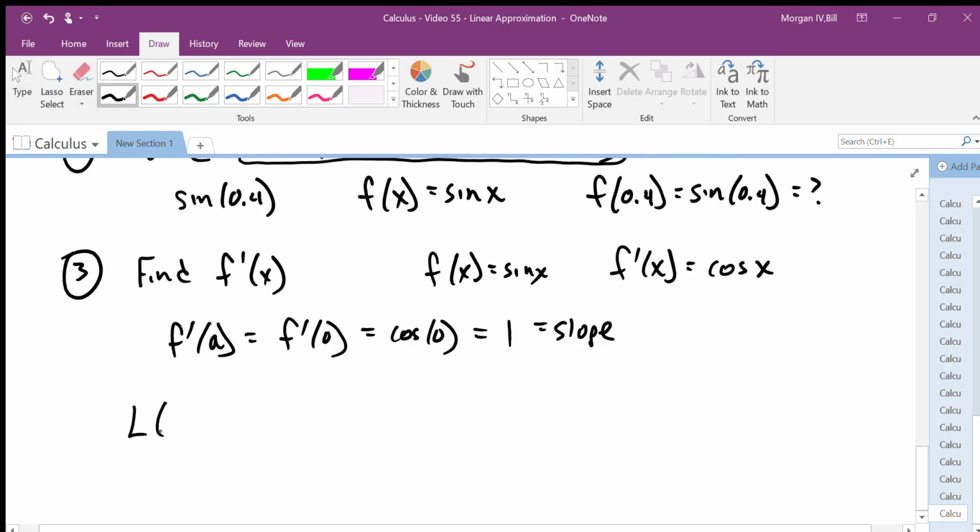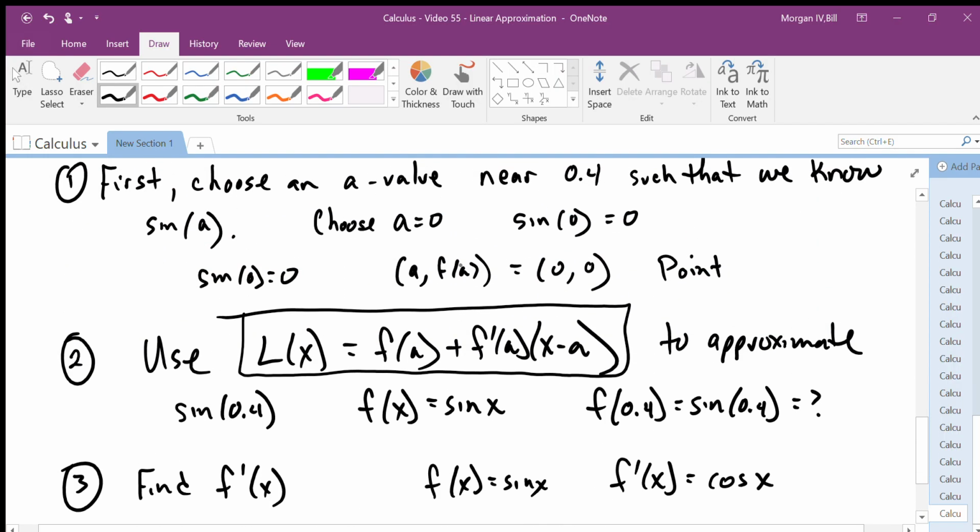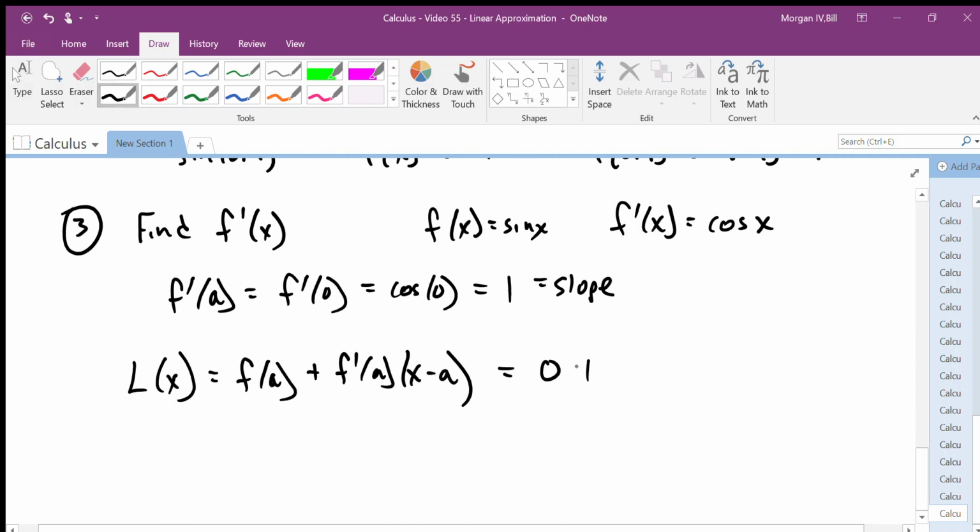So L of x, our linear approximation, which is f of a plus f prime of a times x minus a, the more you write that down, the better, is equal to f of a. F of a is 0, back up here. Plus f prime of a, that's 1, the slope, times x minus a, and the a value we chose is 0.